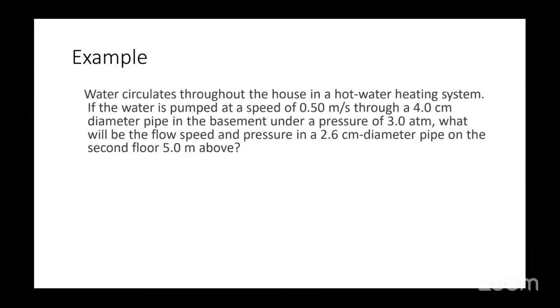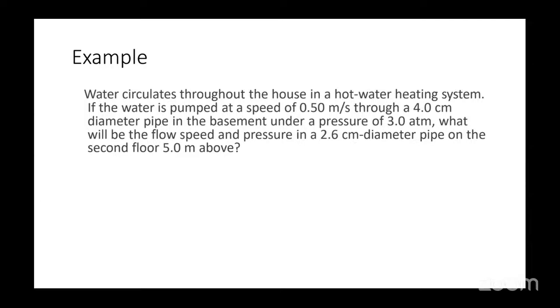5.0 meters above? So the first thing to do is to analyze this question, to know the parameters you are given, and then to also determine what you are asked to find. We are asked to find the speed, and then we are asked to find pressure: speed and pressure. So let's look at the question again.